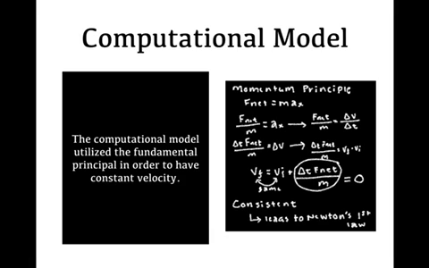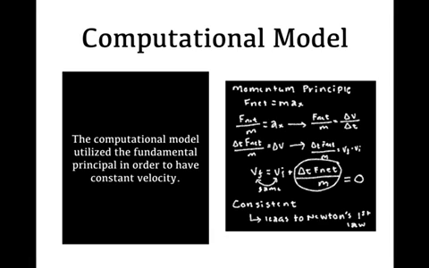So in order to achieve this, we use the momentum principle, which says F net equals the mass times acceleration. To rearrange that, you get F net divided by the mass, and then acceleration can be rewritten as the change in velocity over change in time.